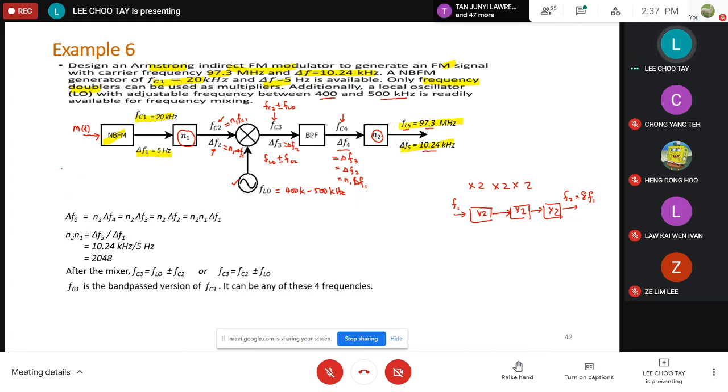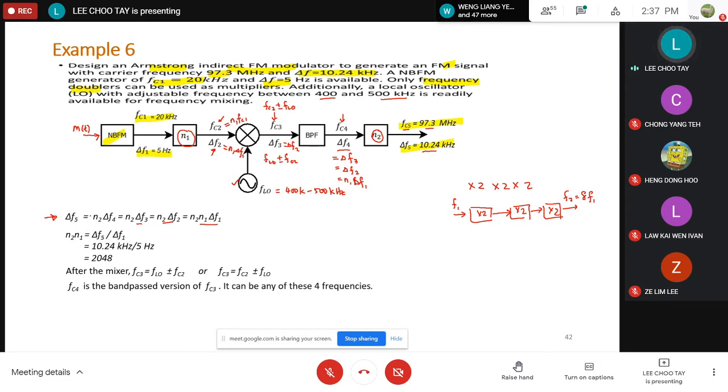So with this in mind, let's put down our first equation here, which is delta F5 is actually N2 times delta F4, which is N2 times delta F3, which is N2 times delta F2, where delta F2 basically is N1 delta F1.